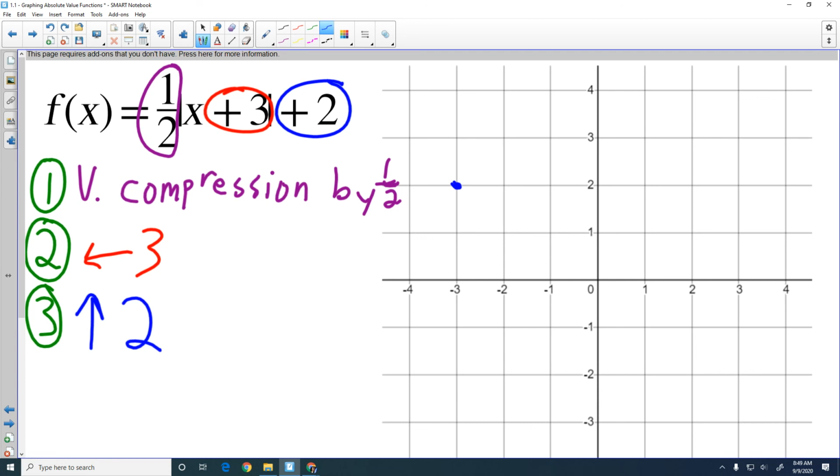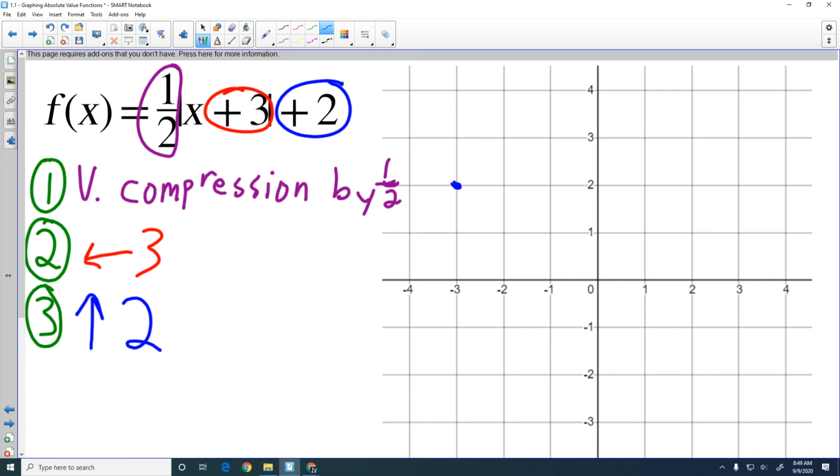Now it wasn't flipped, so it is going to be a V opening upwards like the letter V, but I have to take this compression into account by 1/2. Now normally with our parent function, from the vertex, I simply go right 1, up 1, right 1, up 1, like your standard slope of 1. But this, it's been compressed by 1/2. So from this starting point, I'm going to go right 1, but I'm only going to go up 1/2.